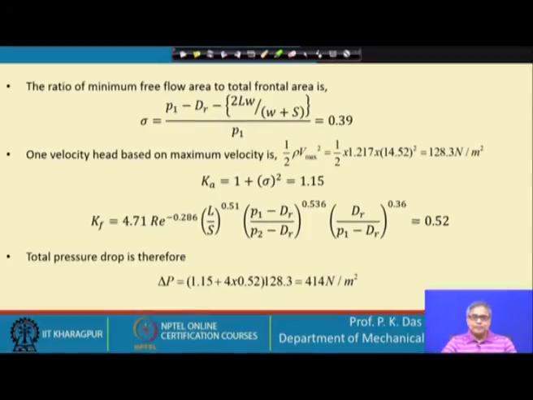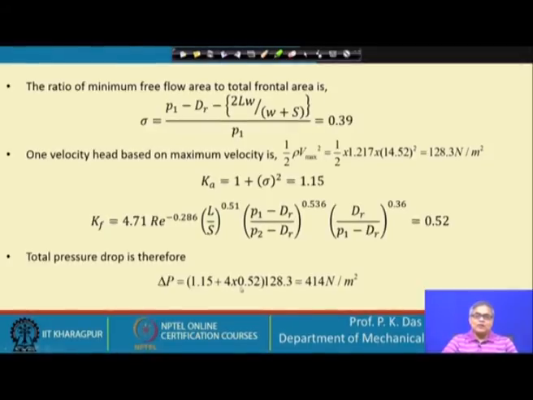Then Kf calculation is not straightforward, it depends on what kind of correlation we pick up. So, we picked up a correlation suitable for this based on Reynolds number and the geometrical parameter. So, we have calculated Kf. Then delta P is equal to Ka plus 4 into Kf.